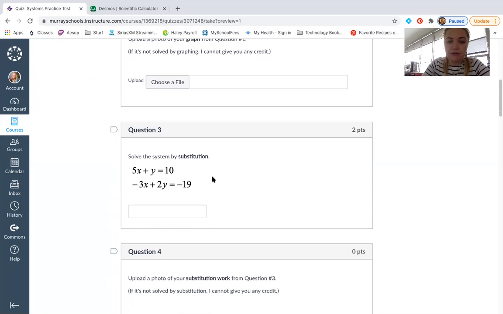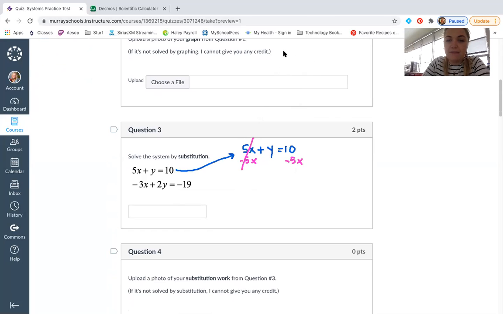On problem number 3 for substitution, we've got to get one of these solved for y so that we actually have something to substitute. So I'm going to rewrite this equation over here, 5x plus y equals 10. Then I can subtract 5x from both sides.